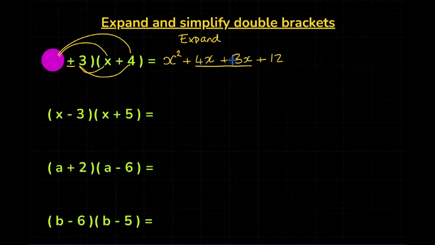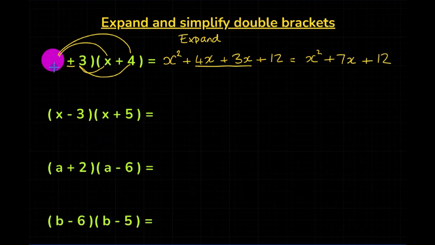So the 4x and the 3x make 7x. So we can rewrite it then as x squared. There's no like terms that go with the x squared, plus 7x plus 12. And in every example, it's going to be the middle two terms that we're going to simplify, or the terms in x or just letters.